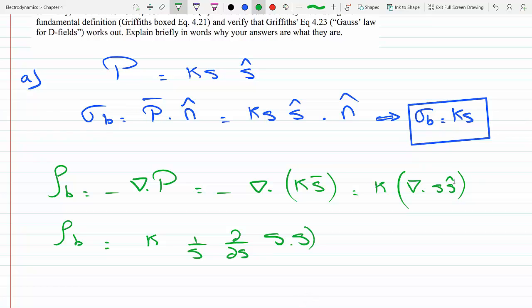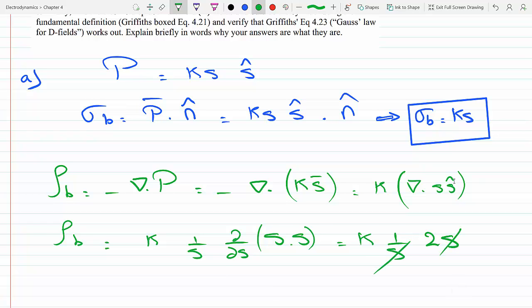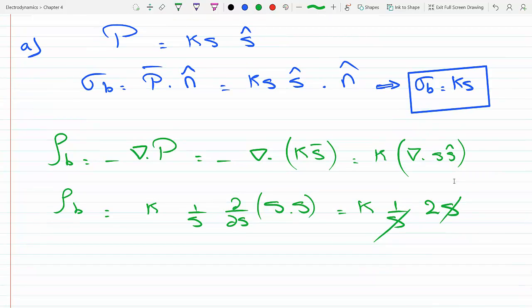So S times S. Okay, so this becomes K times 1 over S. Now this would be S squared. The partial derivative with respect to S would just be 2S. So this would turn out to be 2K, right? So rho b equals 2K.